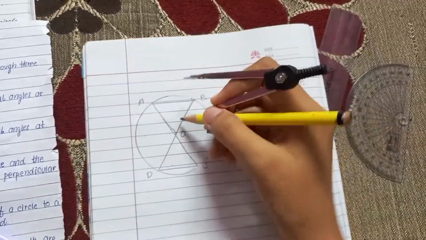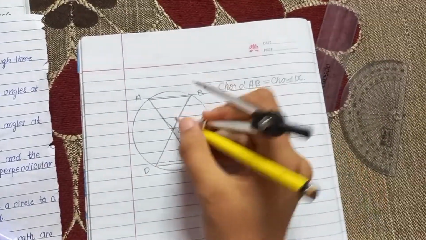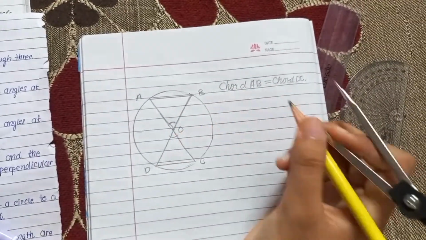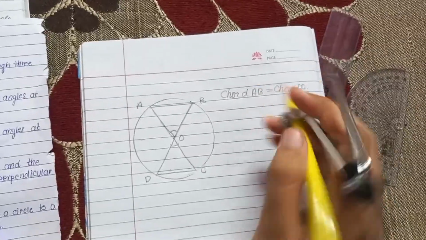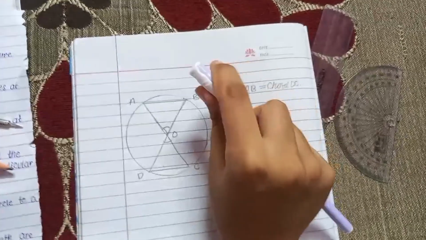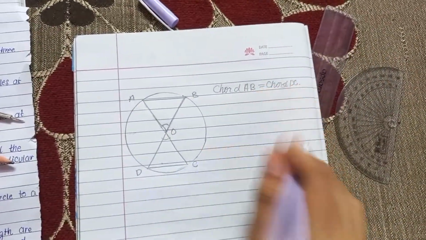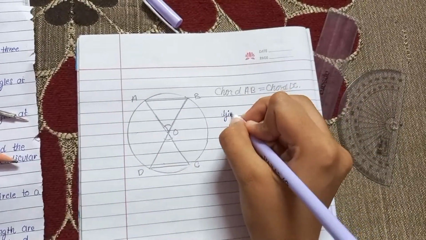Now we have two distinct triangles, triangle AOB and triangle DOC, and their angles are also equal, as the theorem states. Whenever we get a question, whether it is physics or chemistry, we have to mention what is given to us. What is given to us?